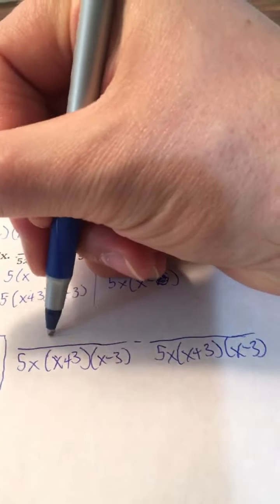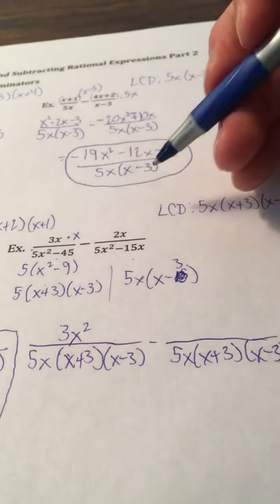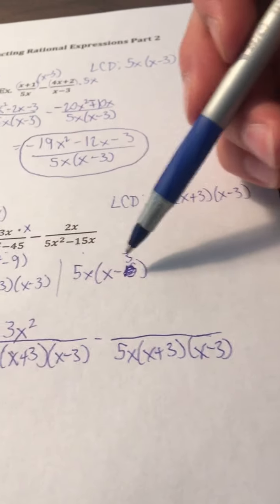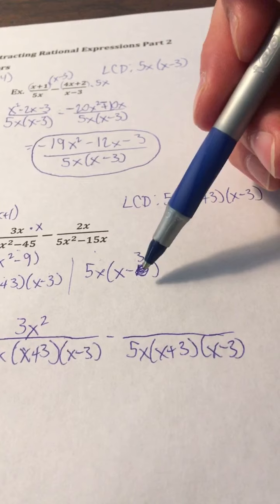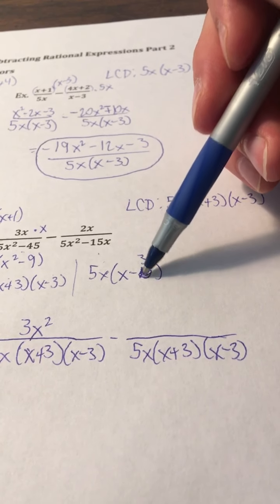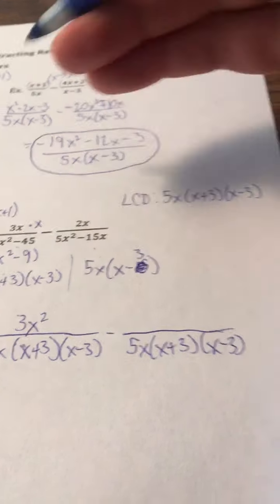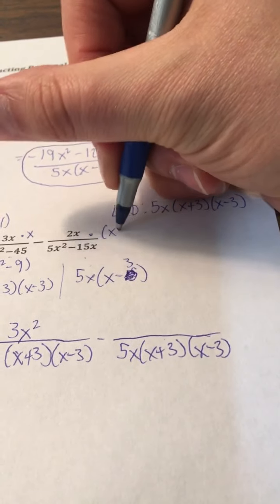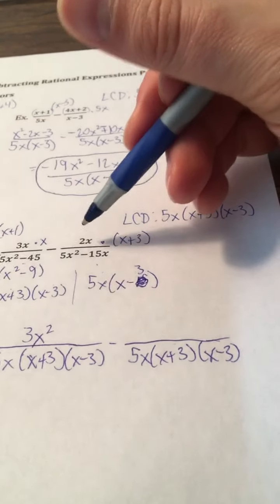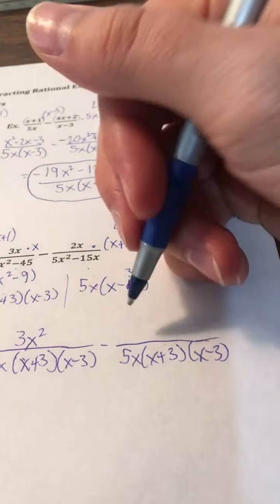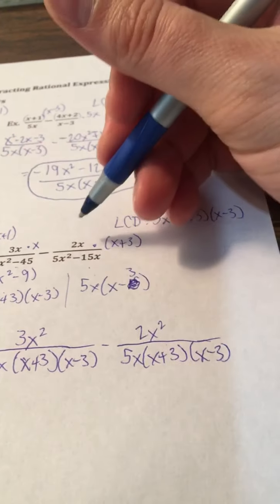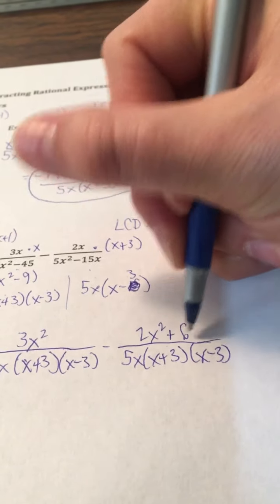So that's going to become 3x squared. All right, second fraction. After I factored it, I have 5x, I have x minus 3. It's missing what? x plus 3. Let's multiply that one times x plus 3. So 2x times x plus 3 is going to be 2x squared plus 6x.